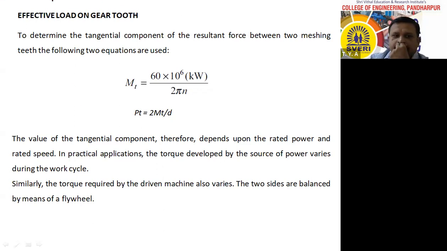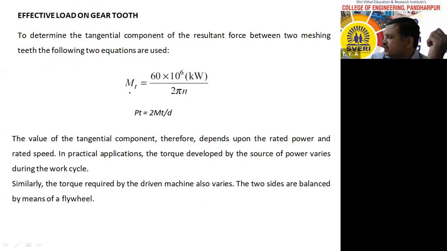To determine the tangential component of the resultant force between two meshing teeth, the following two equations are used.